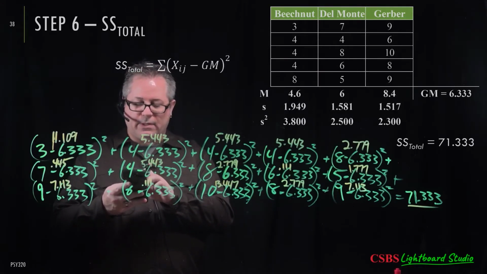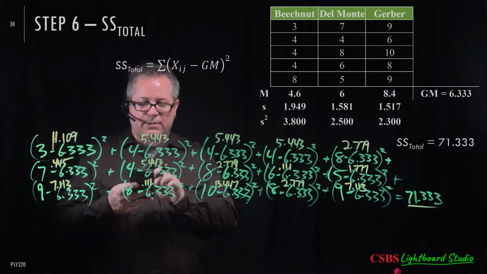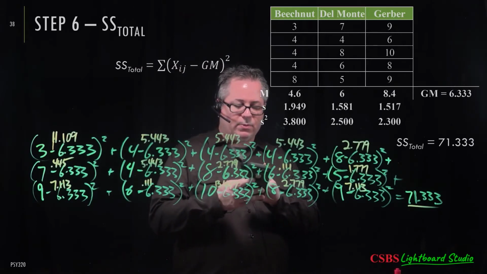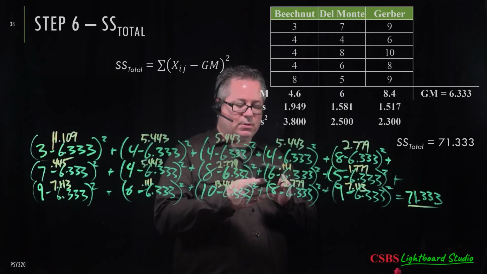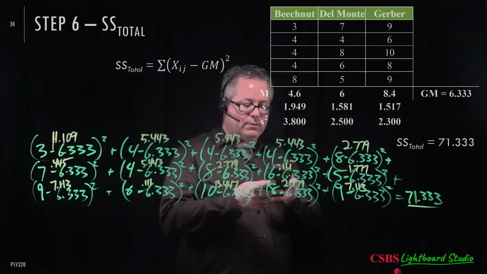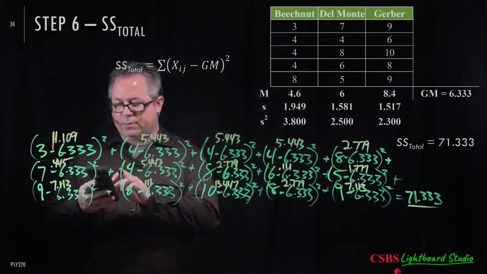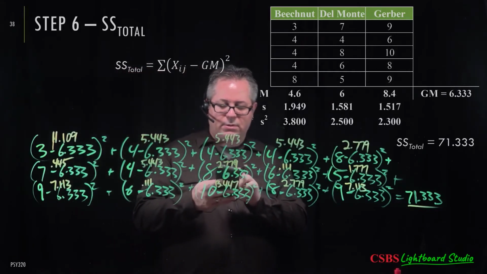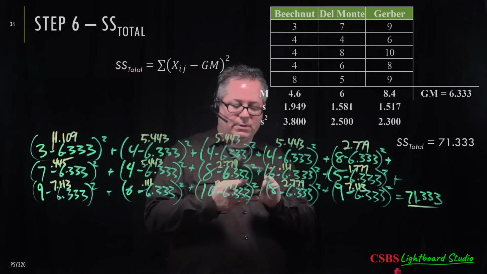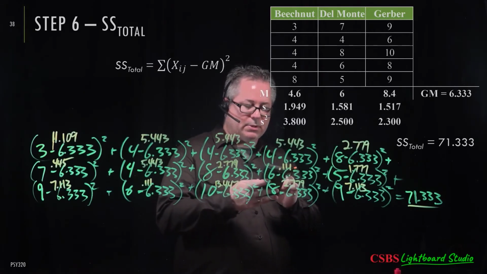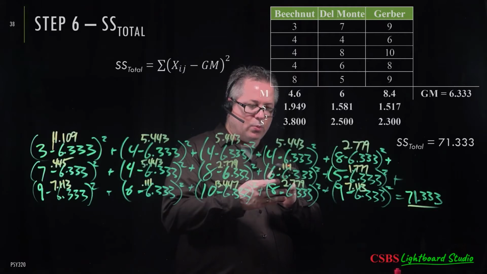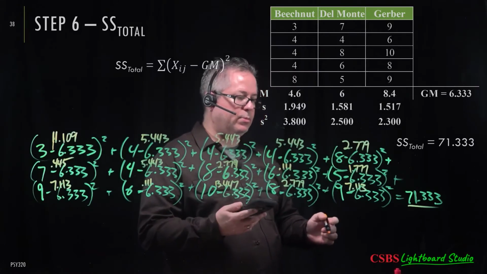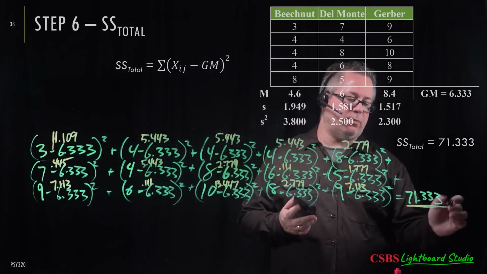Plus 5.443 plus 2.779 plus 0.111 plus 1.777 plus 7.113 plus 0.111 plus 13.447 plus 2.779 plus 7.113 equals 71.33, which is pretty close.